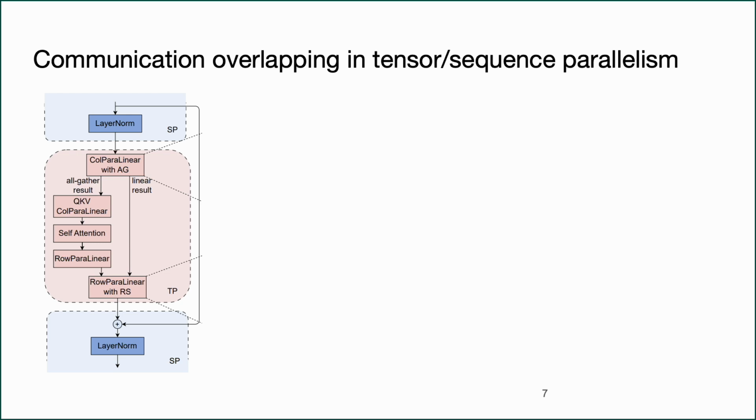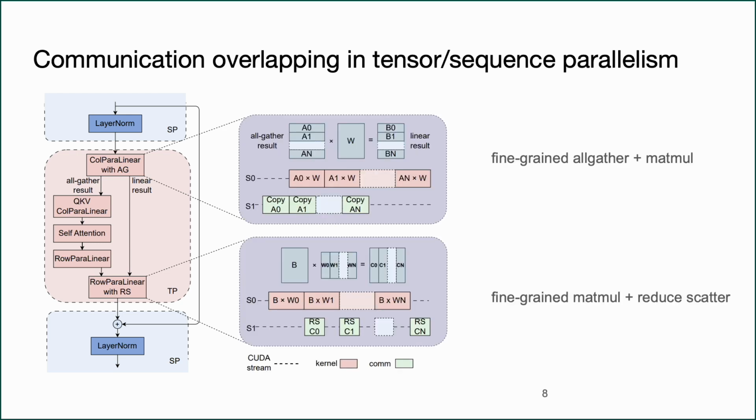So we have this sequential dependency between a matrix multiplication and a collective. It could be an all-gather or a reduce-scatter. For this kind of dependency, usually you have to do it one by one. When you do communication, you cannot do computation. But you can actually optimize it further. What we did is to break it up into small chunks. Here, the matrix multiplication is done in 8 chunks.